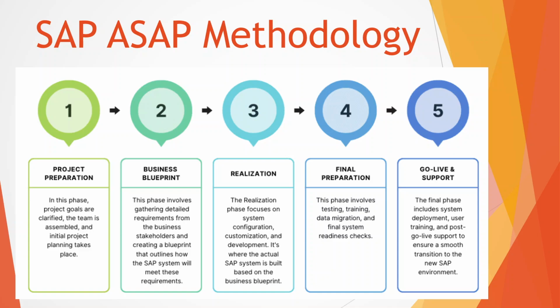It was called the ASAP methodology, accelerated SAP methodology. It has a total of 5 phases: project preparation, business blueprint, realization, final preparation, go live and support, and thereafter continuous improvement will continue. These were the 5 phases of the SAP ASAP methodology, which was used for the implementation of the ECC system at the client location.